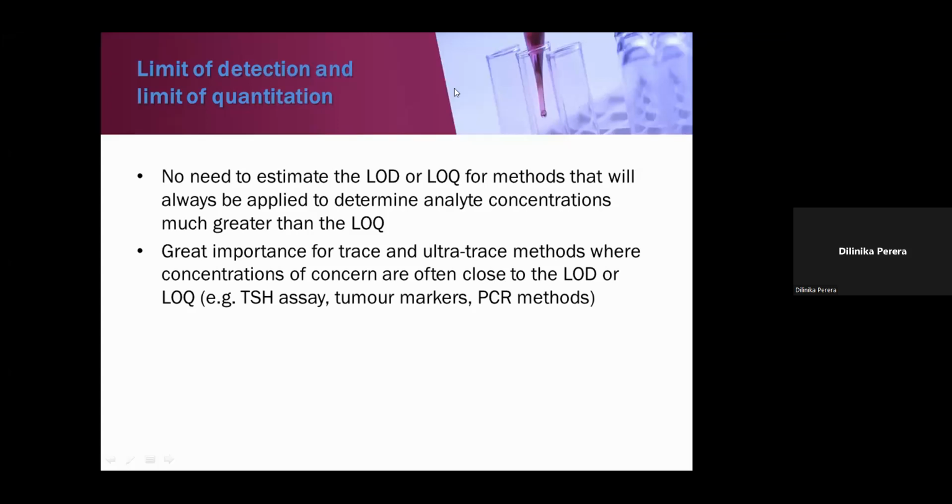If the analyte concentration is much higher than the LOQ, there is no point finding out the LOD and LOQ. So it is not necessary for all the analytes; it is required especially for some of the analytes only.